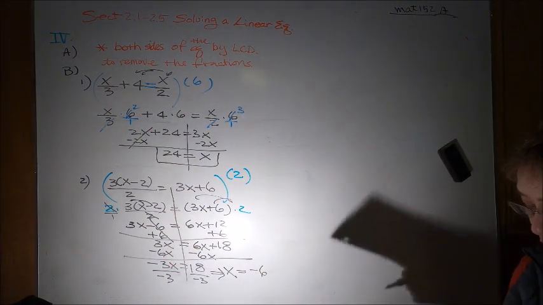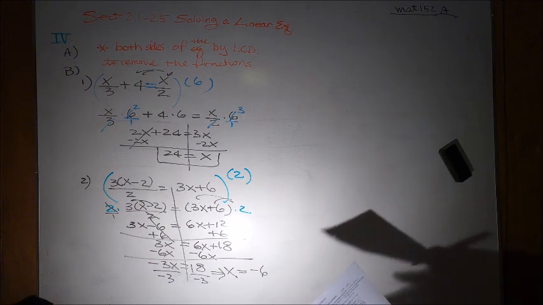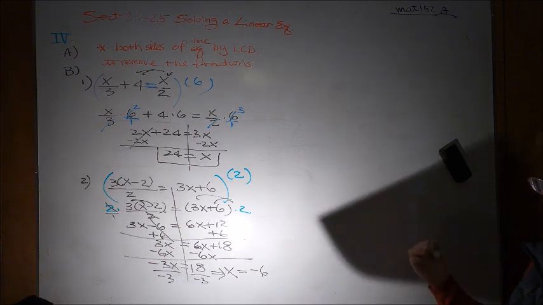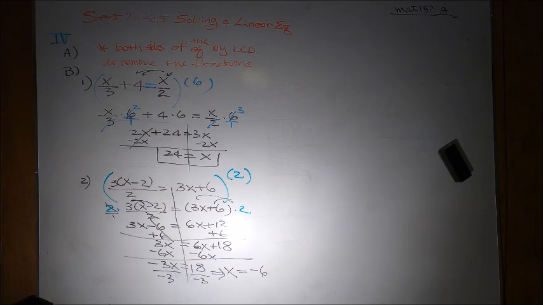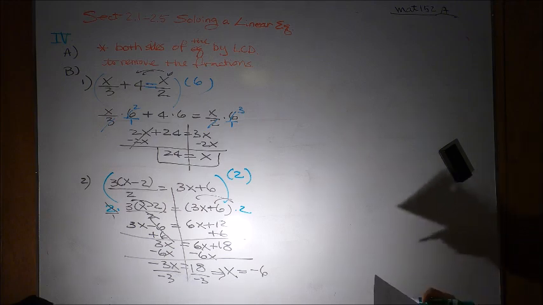As long as you get rid of fractions, it will work the same as earlier, just regular numbers. So you move the variable to one side and the number to the other side. Then you solve for x, get the variable by itself.